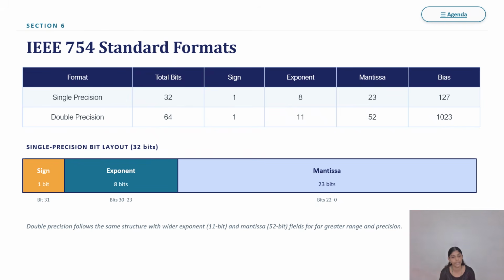From 23 to 30 are the exponent bits. The MSB, which is your sign bit, is 31. So 0 to 31. If it is double precision, the structure is exactly the same. Instead of 8 exponent bits, there will be 11 bits. Instead of 23 mantissa bits, it will be 52 bits.